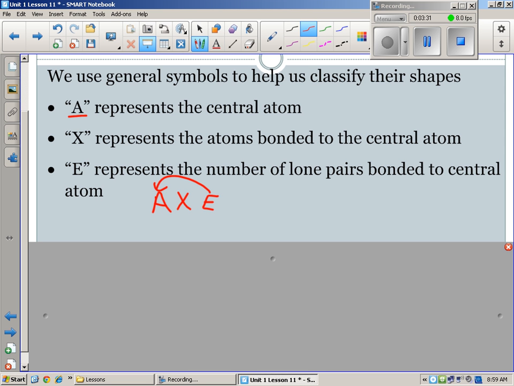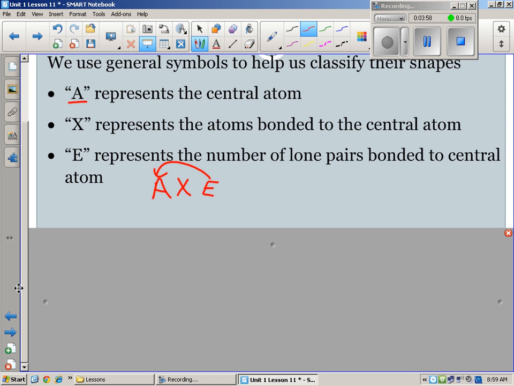E only, listen, E only refers to A. Lone pairs on the central atom. And even though I just said that nice and slowly, somebody's going to goof that up. E only applies to A, the central atom. Lone pairs on the central atom.